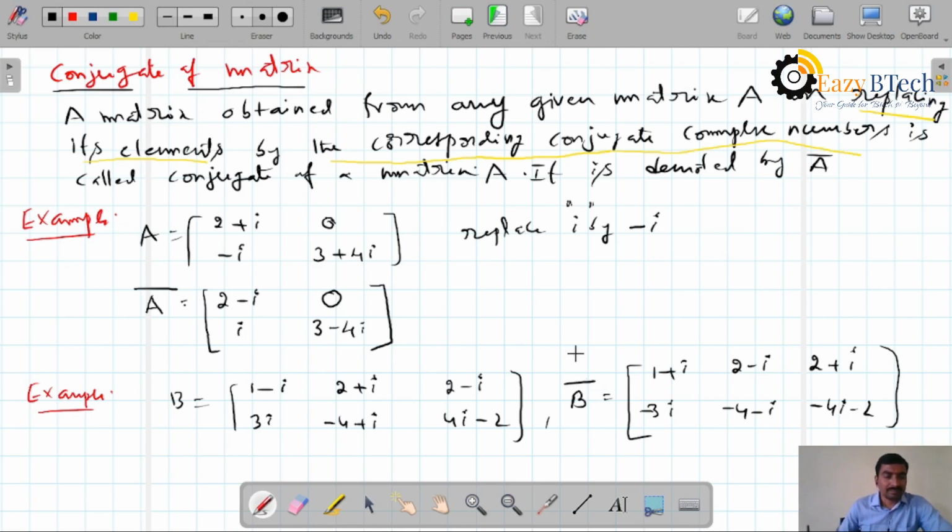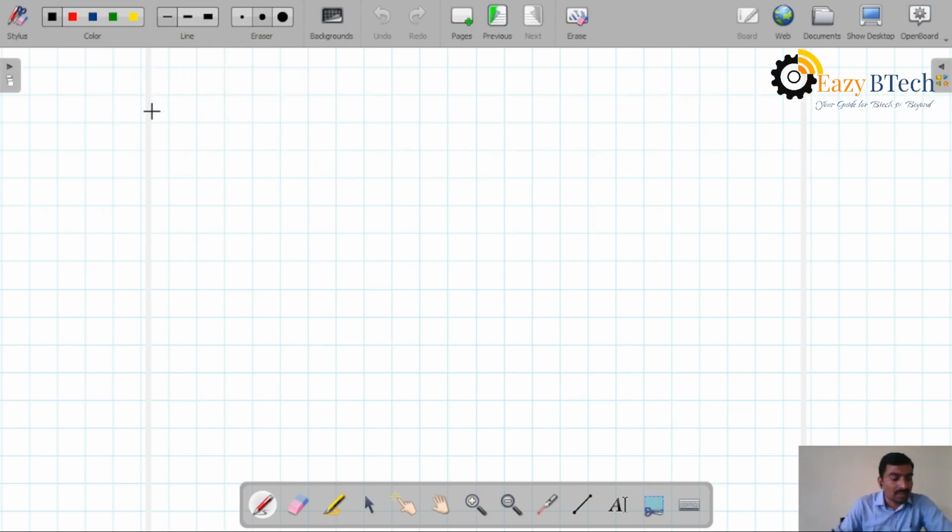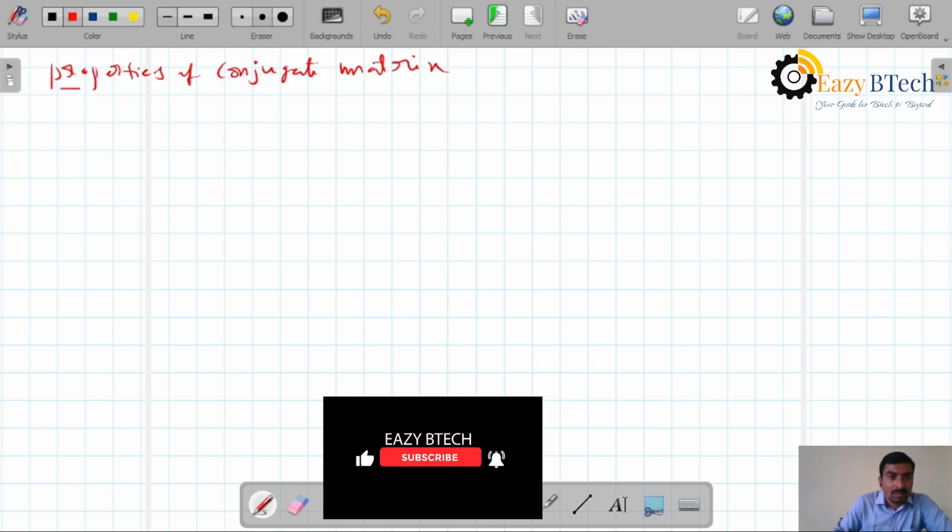Now write the properties. Now come to the next one. Properties of conjugate matrix. What are the properties of conjugate matrix?